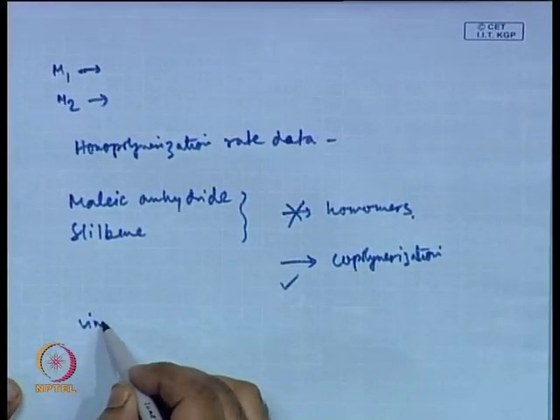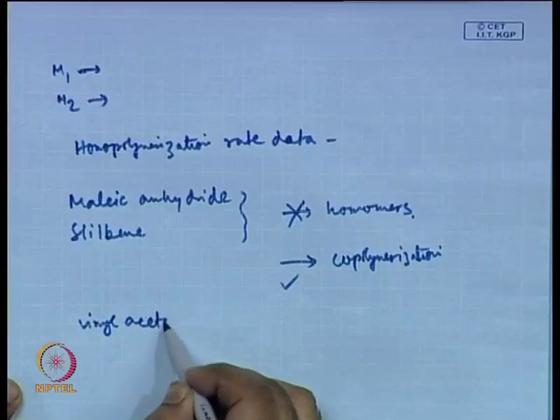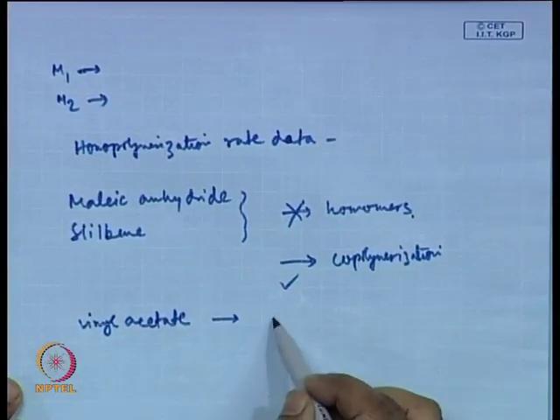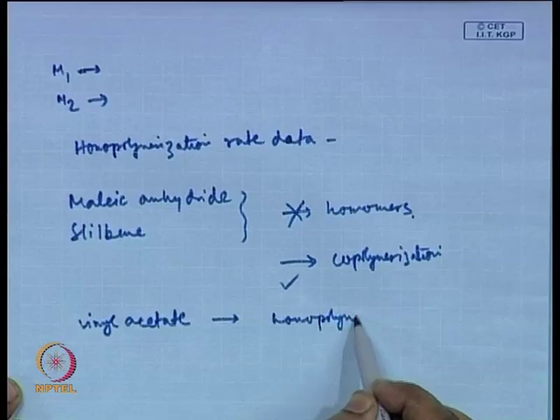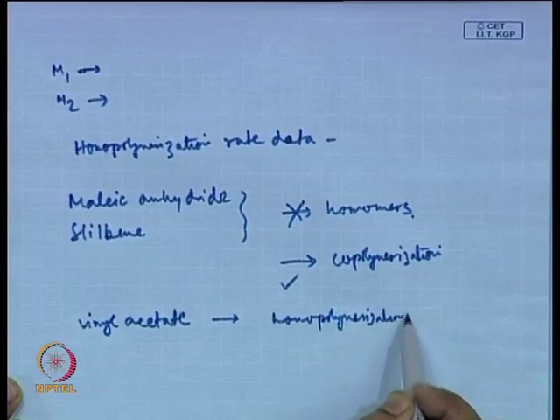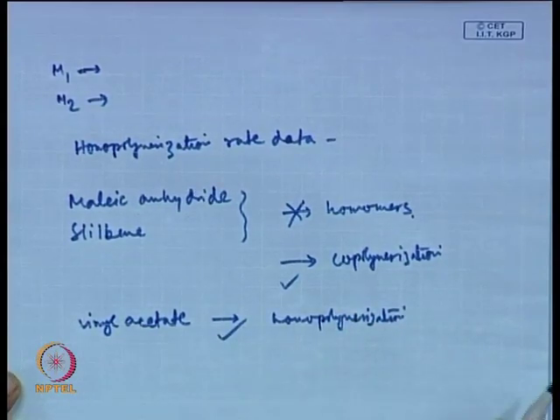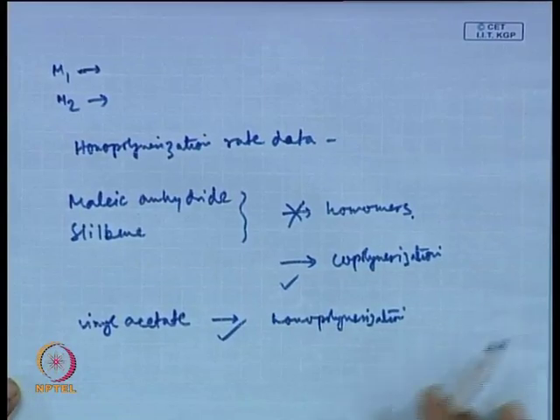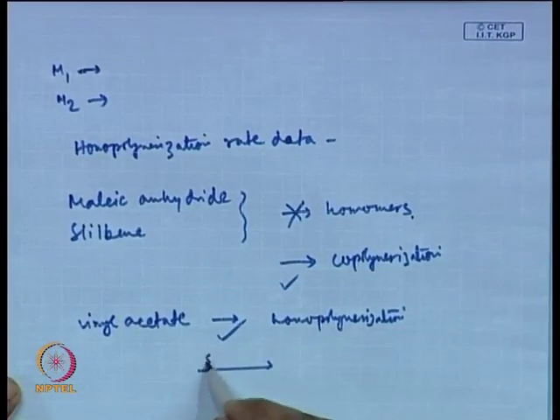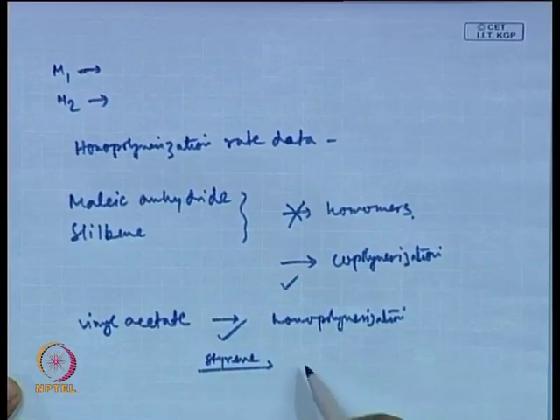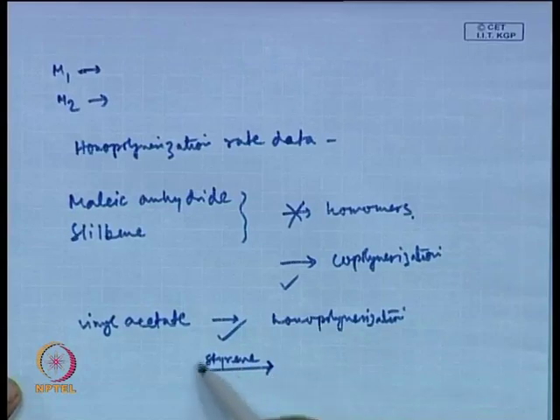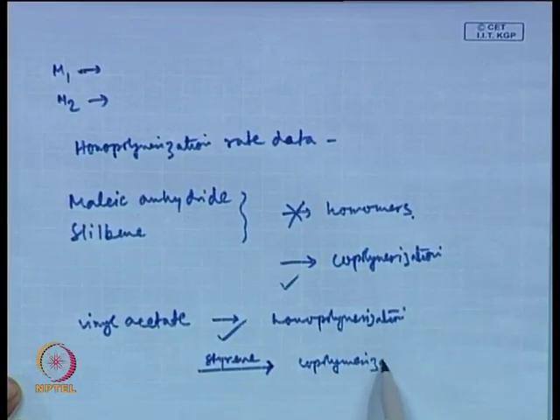Take another example, consider vinyl acetate. Now, vinyl acetate obviously undergoes very facile homopolymerization, but when you have styrene as a second monomer, what happens? Homopolymerization becomes very low as long as styrene is present, because the copolymerization rate of vinyl acetate with styrene is much faster than the homopolymerization.